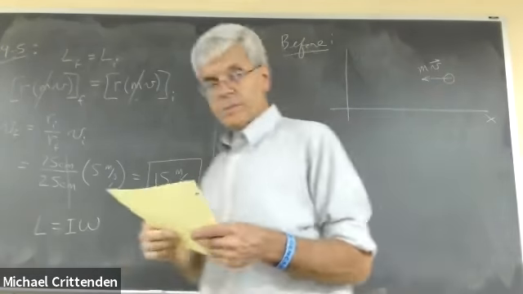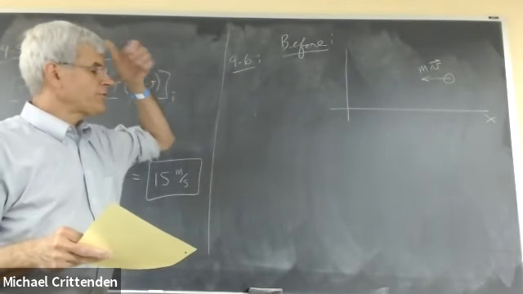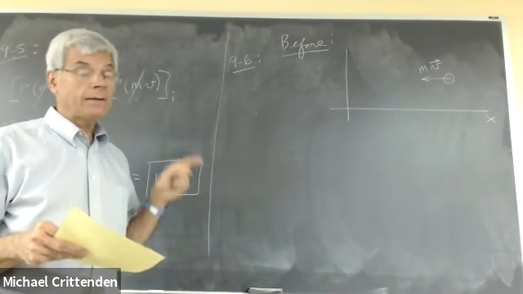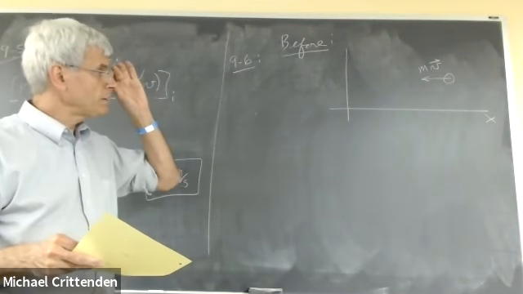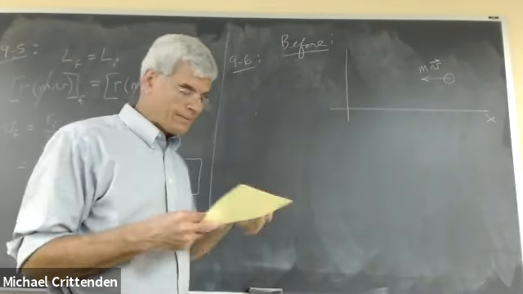Now this blob of tar is moving along a straight line, but it does have angular momentum relative to this origin here at the center of the wheel.